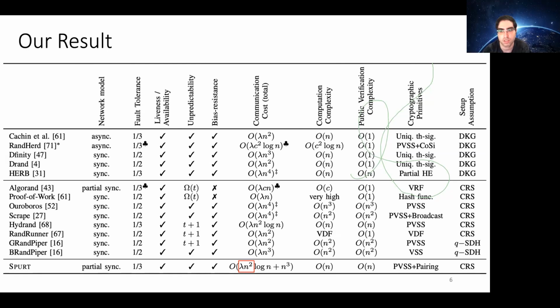It could be a DKG based one, it could be any one of the CRS based ones. But basically, if you ask about concrete trade-offs, what would be really good is that producing a new beacon value is very cheap. I see. Yeah.